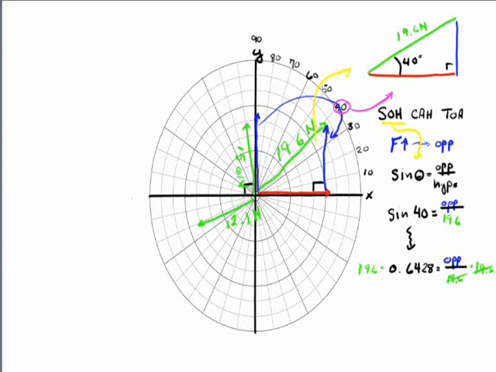I can use my calculator to calculate this value to be 12.59888 equals opposite, which is also known as the force in that direction. And if I respond in Mr. Fay's class, it would be 12.60 newtons.